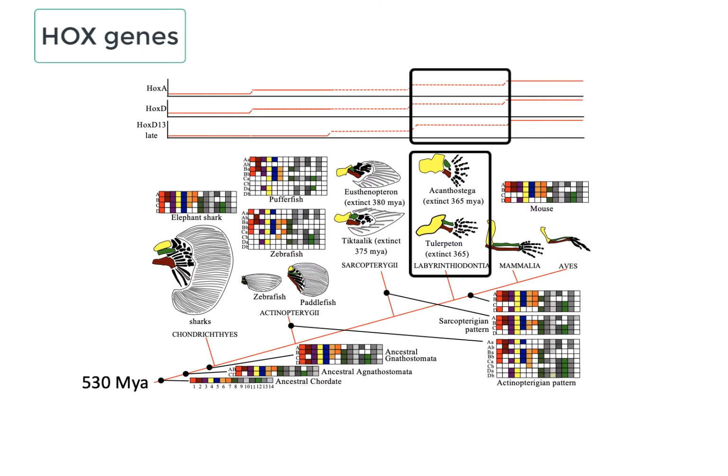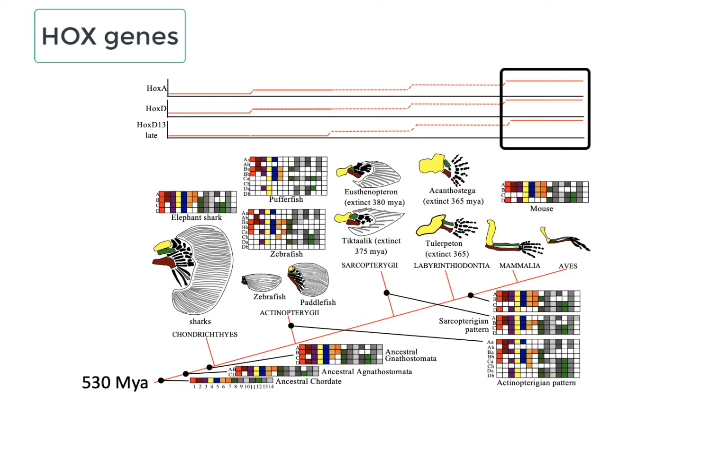Crocodiles have a similar look to their bone structure. So you can think of these as something like a crocodile crawling both in the water and up on land as well. And then further increase in those Hox genes reduces the number of fingers and toes and lengthens the bones too.